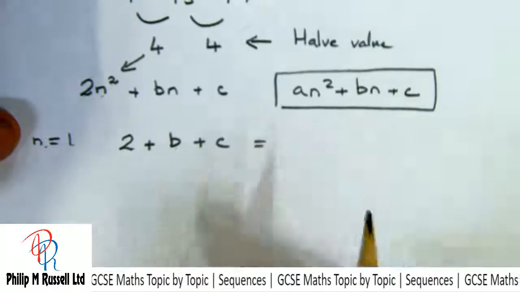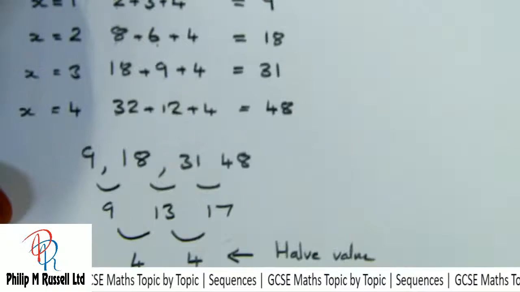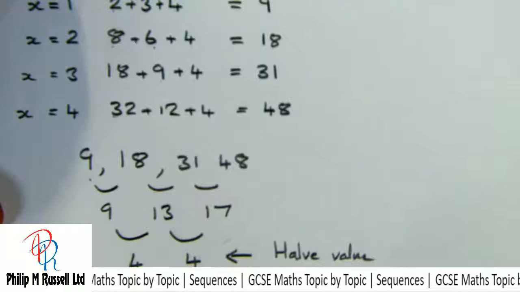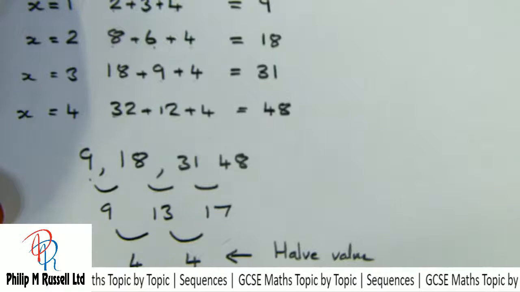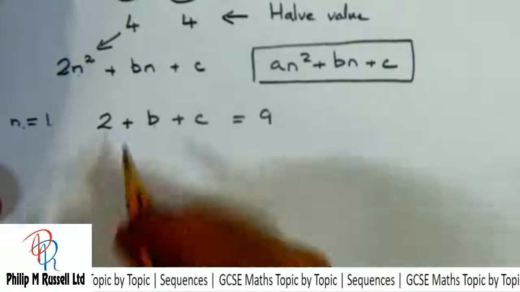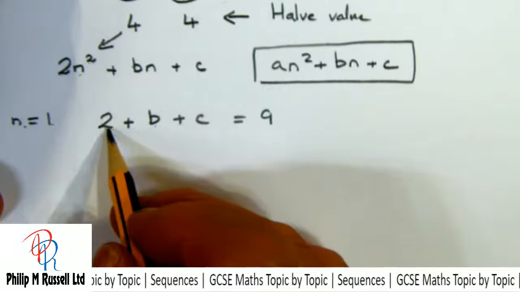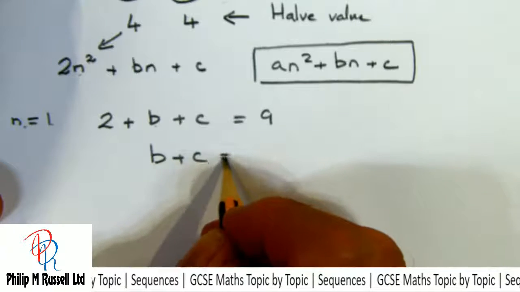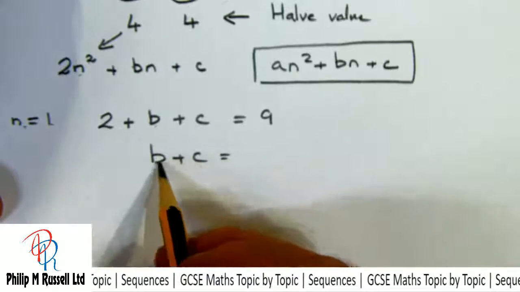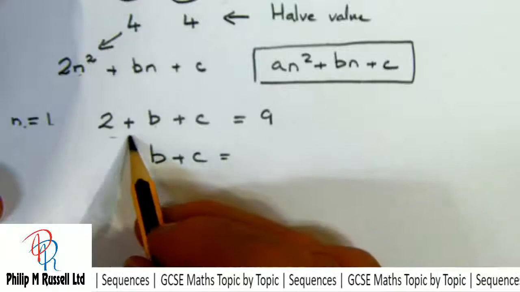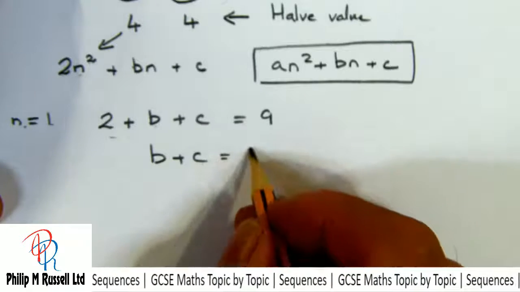And I know that from my sequence was equal to 9. Let's sort out what b plus c is going to be. So b plus c is going to be those two numbers, take the 2 over, so minus 2, 9 minus 2 is 7.